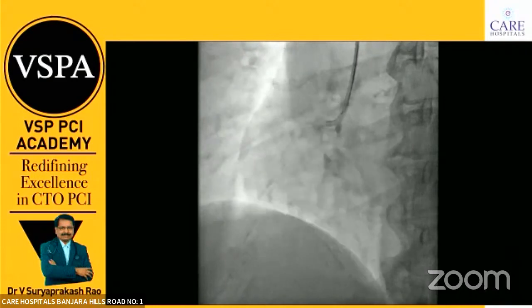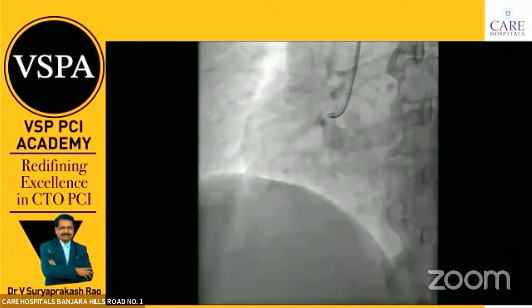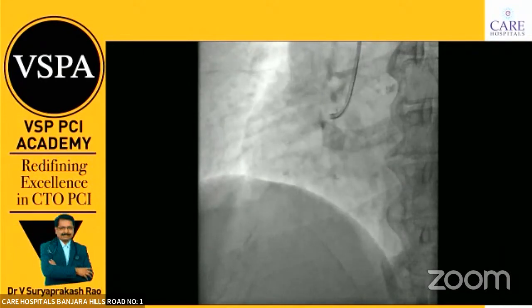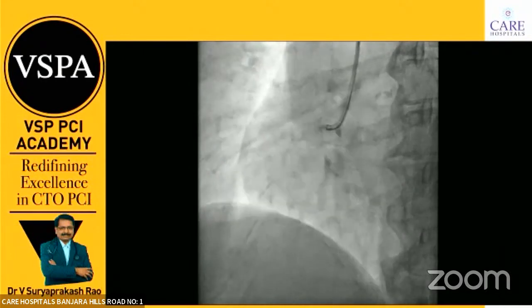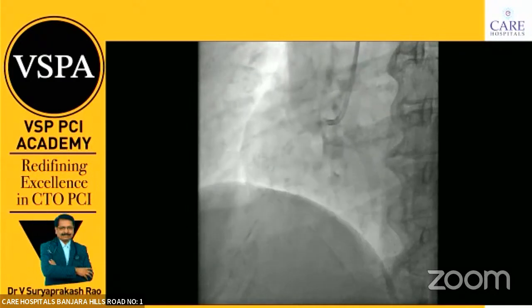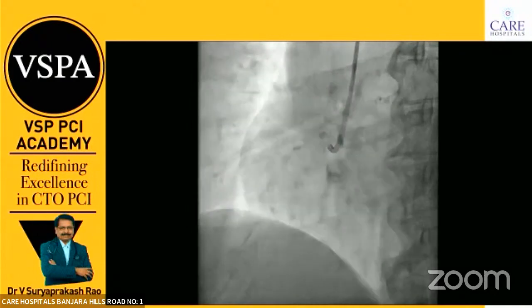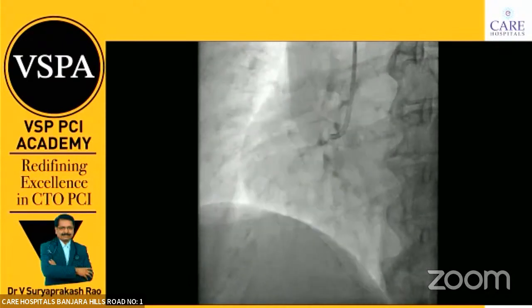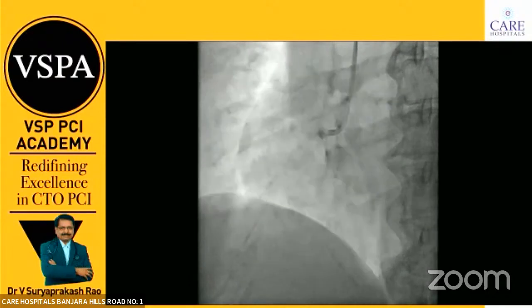So we just try to cannulate the right coronary ostium and pass the wire. We take the microcatheter to the tip of the guide catheter, and from there, the upper part of the right coronary is entirely calcified. You can see the entire RCA is calcified from the ostium up to the mid segment.